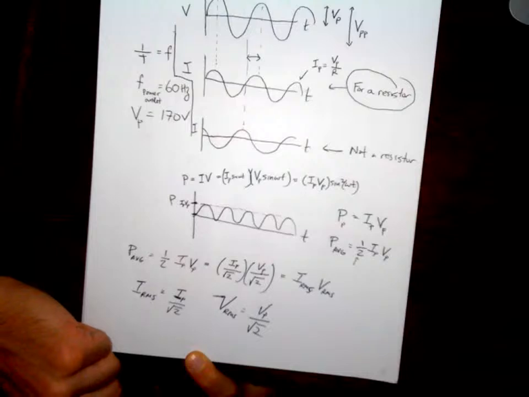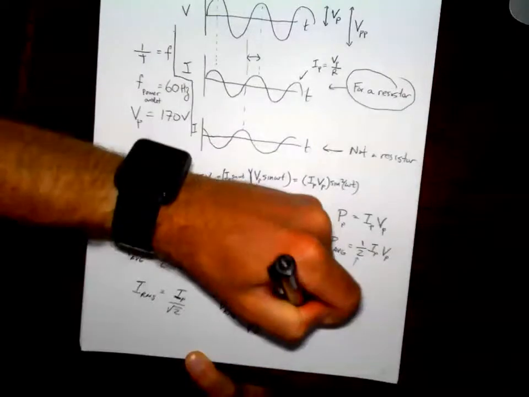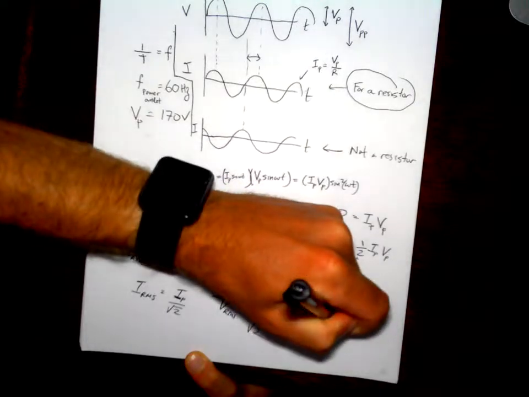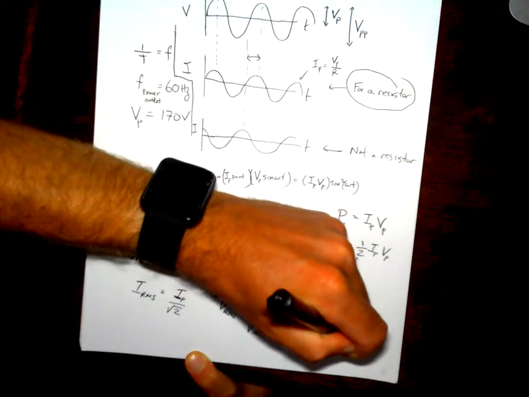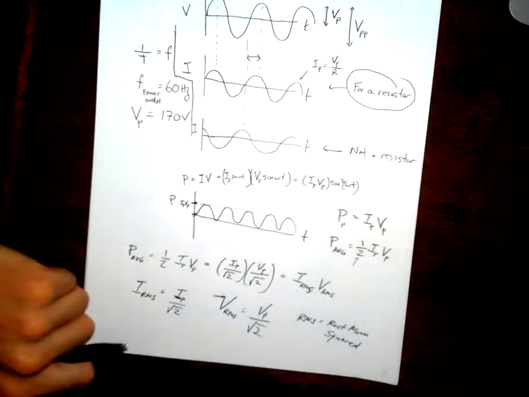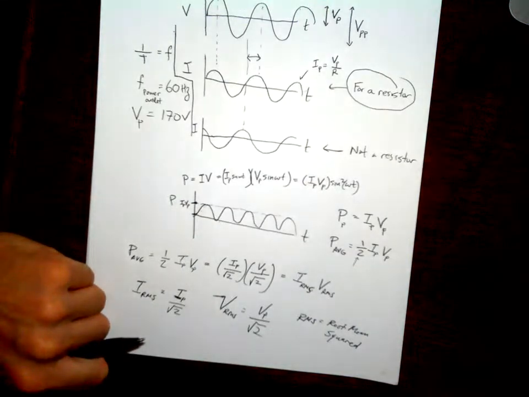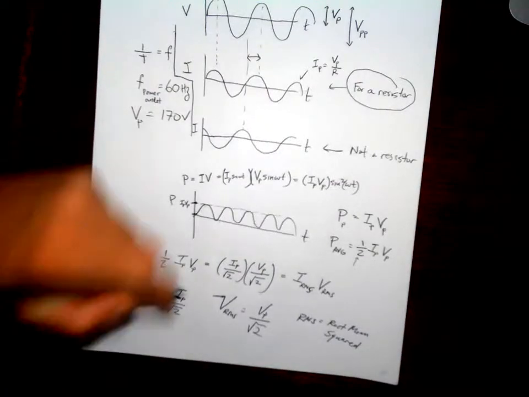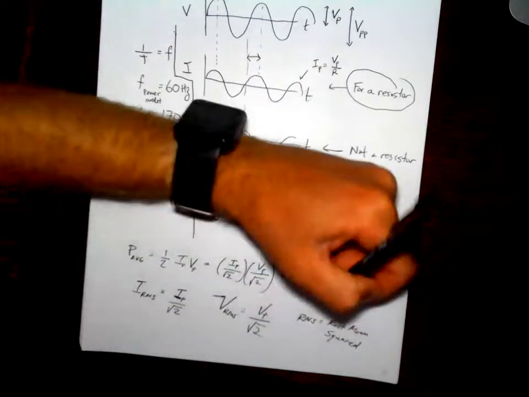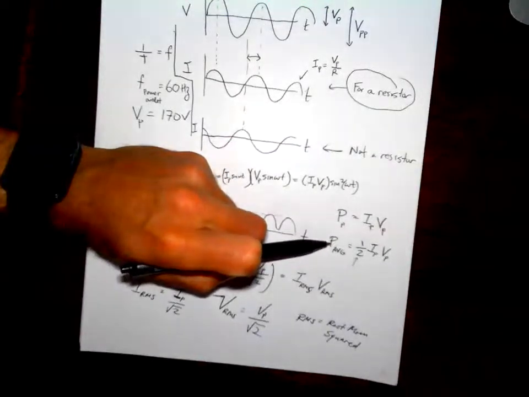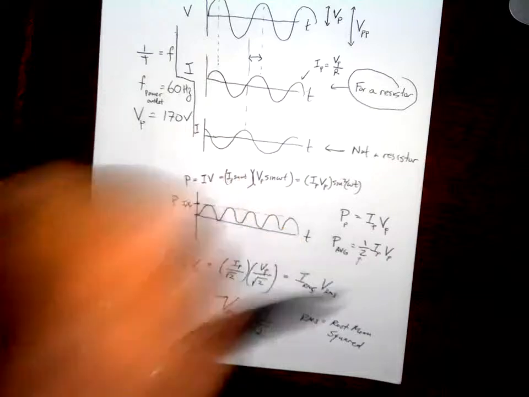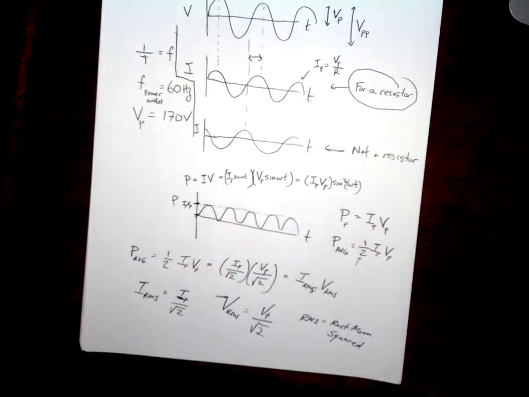By the way, RMS stands for root mean square. I'm not going to explain why it's called that. You can ask me on Discord if you want to, but it's kind of a pain to explain here. So why do they do that? Notice how in AC circuits, the equation for average power is different from the equation for power in a DC circuit.